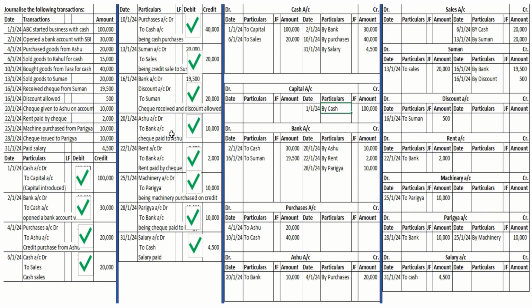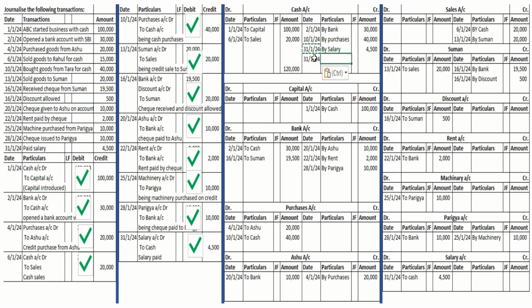And how it is balancing: every transaction is completed, one month of transactions is completed, so we will make a balance. Roughly we need to understand what is the balance of both sides. Here we can see it comes to 74,500, but here it is 120,000. So how the balancing is done for assets and liabilities, we need to record the higher side amount. Here 120,000 is the higher side amount, and we do the balancing by putting the last date of the month, here 31st Jan 2024.